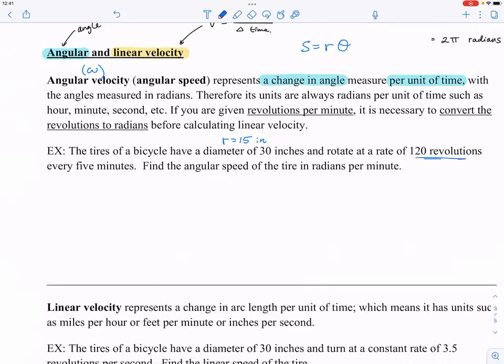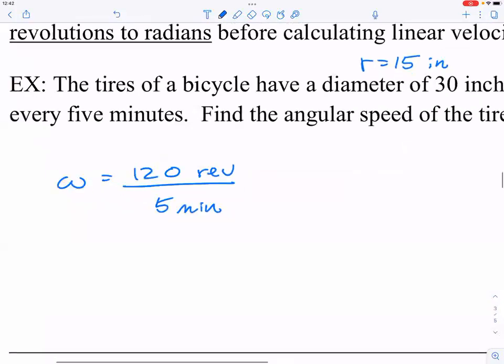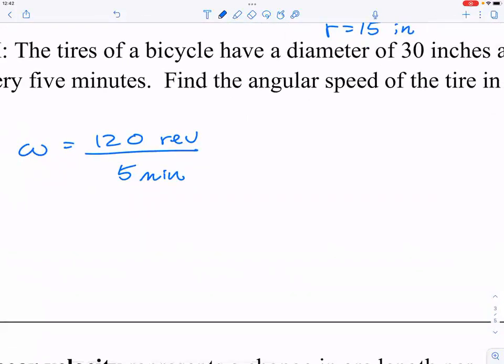Now, it says it has an angular velocity of 120 revolutions every 5 minutes. 120 revolutions over 5 minutes. So please find the rate in radians per minute. Now, I'm going to show you a couple ways to handle this calculation.